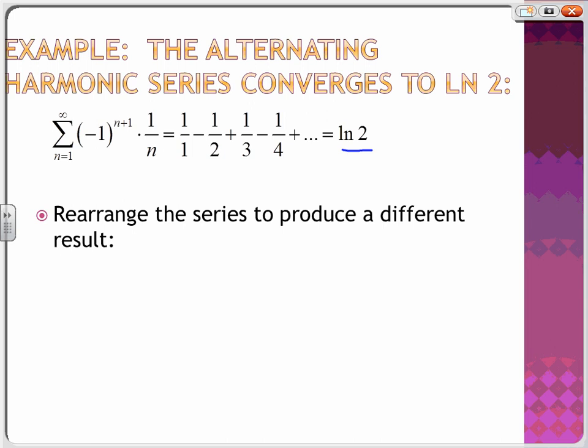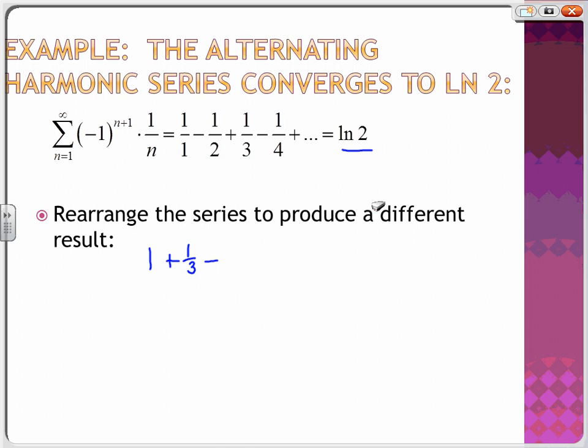Now, I'm going to show you what conditionally convergent means. We're going to rearrange these terms just a little bit. I'm going to take out the first two positives. So I'm going to have 1 plus 1/3 and then minus 1/2.